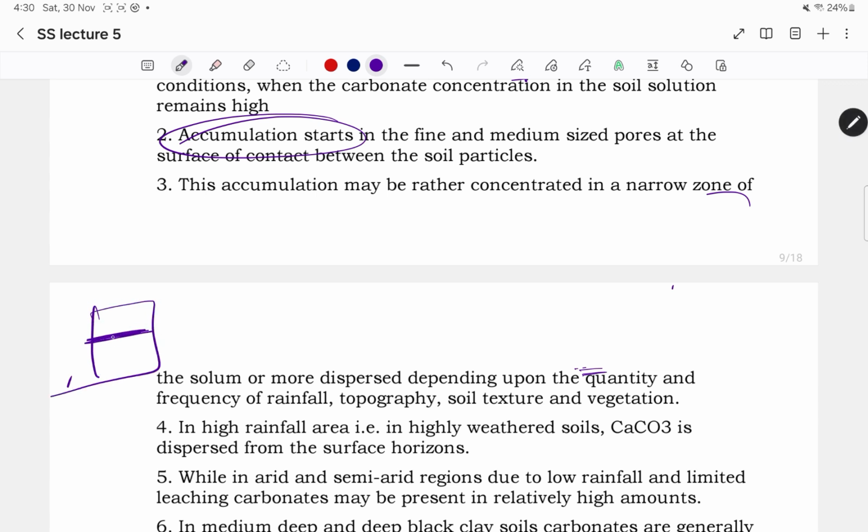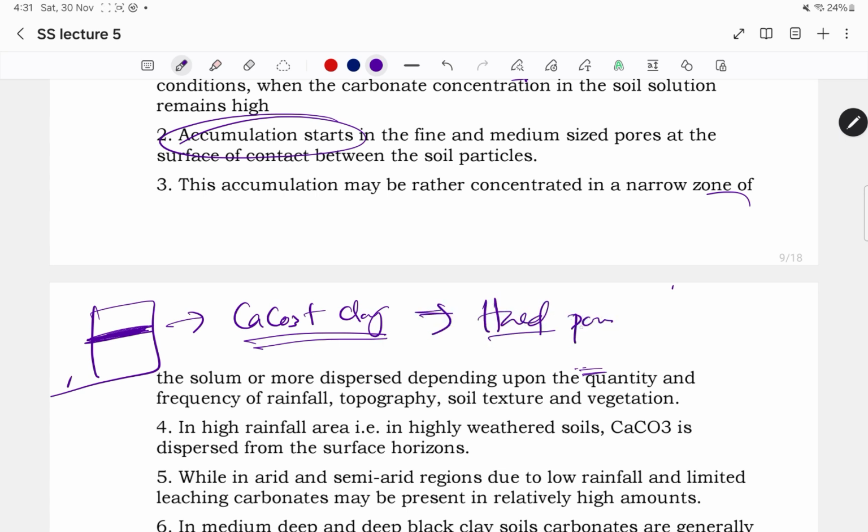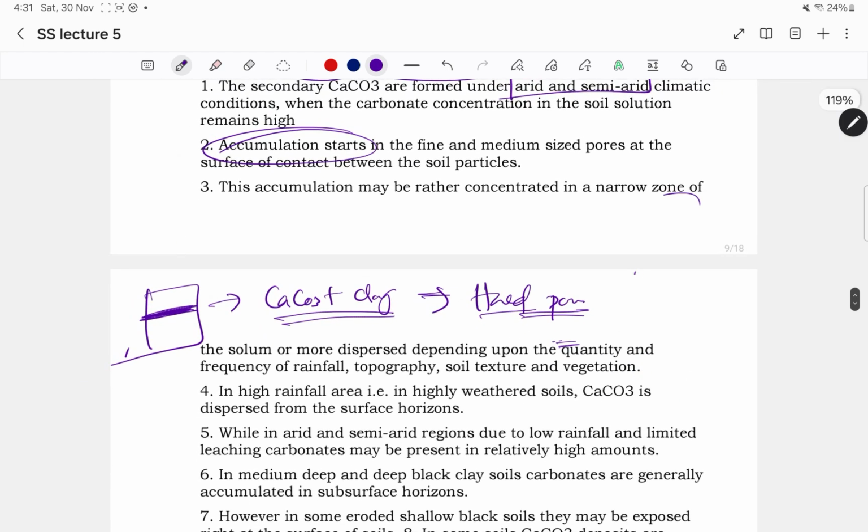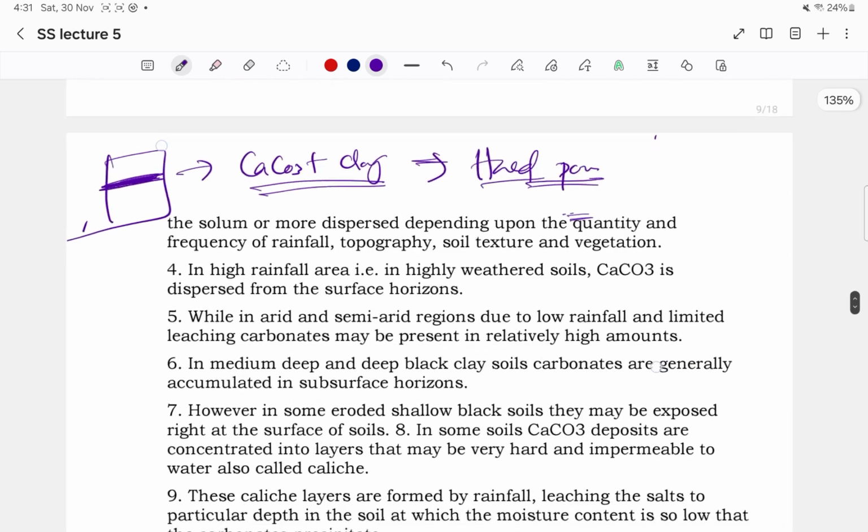There is a hardpan or hard subsurface developed in this region because this calcium carbonate combines with the clay material present in this region. It forms a hardpan, a hard subsurface. This is one of the other features of calcareous soil.